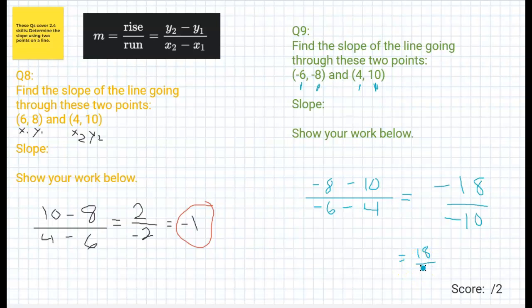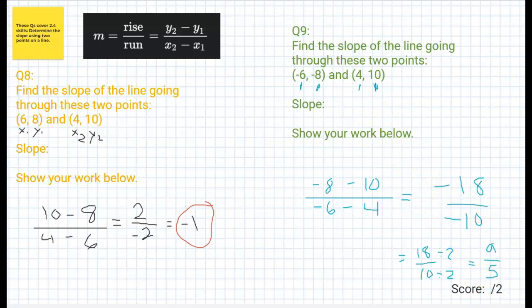And then I see that both of those numbers are multiples of 2. So I can divide the numerator by 2, and I can divide the denominator by 2 to give myself the final answer that the slope is 9 over 5. You don't have to put this into a mixed number. You can just keep it as 9 over 5.